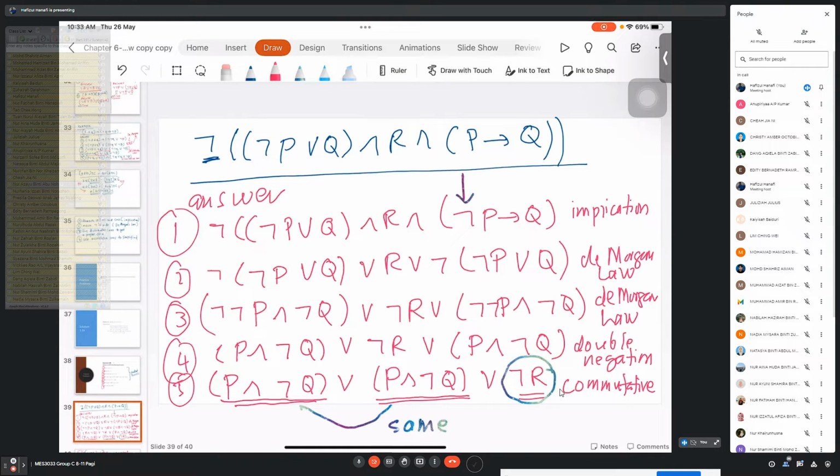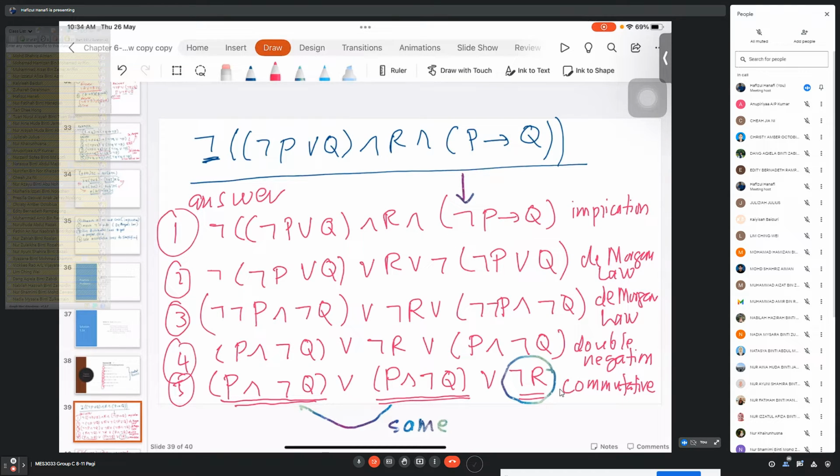Okay, this one is another example. We have negation, negate P or Q, and R and P implies Q. Okay, and then first is implication. We put the negation. This one is implication, and then number two is De Morgan law.